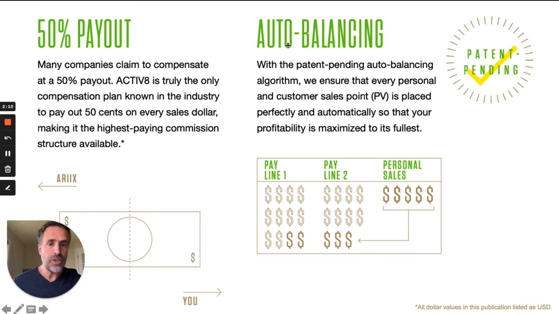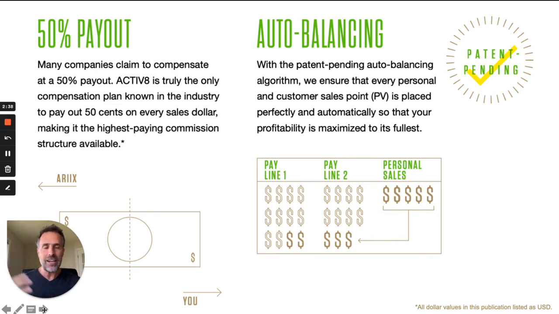The other feature is the auto balancing feature, which is patent pending, which allows the algorithm to go over 8 different things that it looks at to see where to put the money, where it's going to pay you the most. I'm going to give you a real example from a personal experience from a little while ago, where as I was building, my teams were growing, I had multiple positions, and I also had some personal volume.